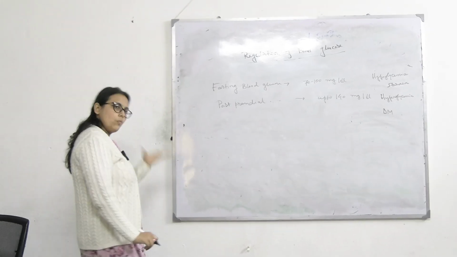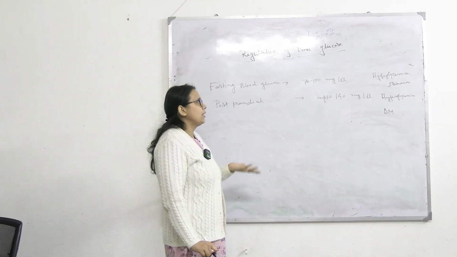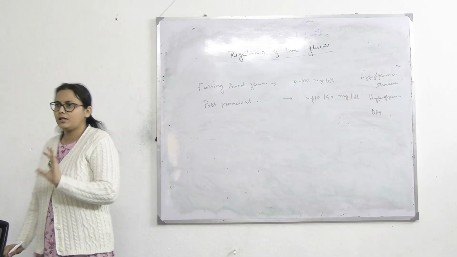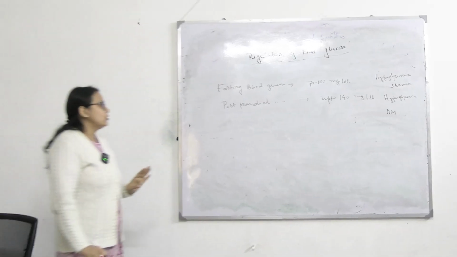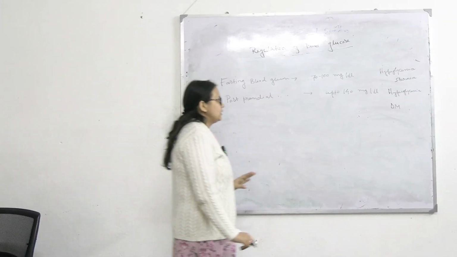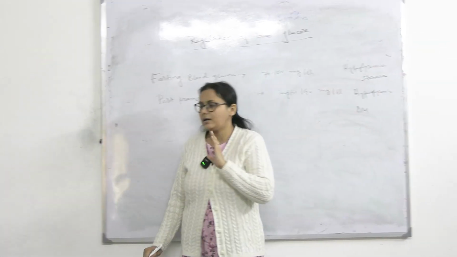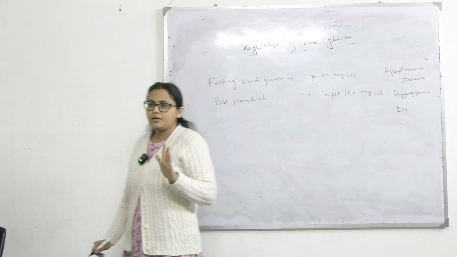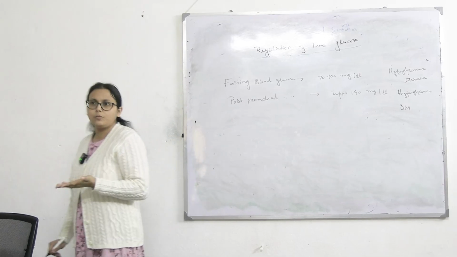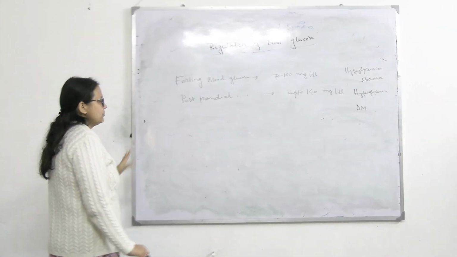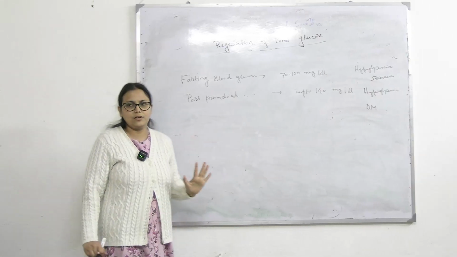So there will be coma, and sometimes it can lead to death. Hyperglycemia may lead to diabetes mellitus, which has its own complications: retinopathy, neuropathy or nephropathy. So both are dangerous for our health.